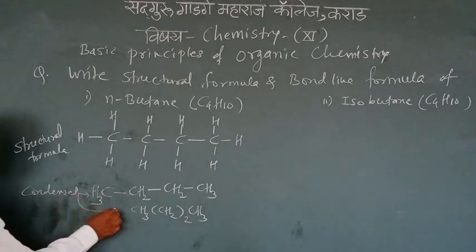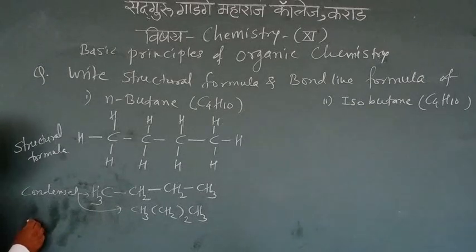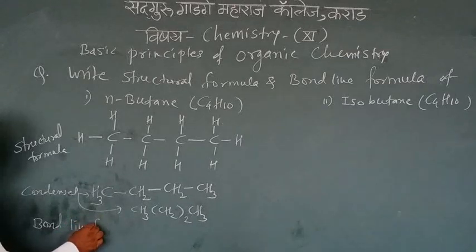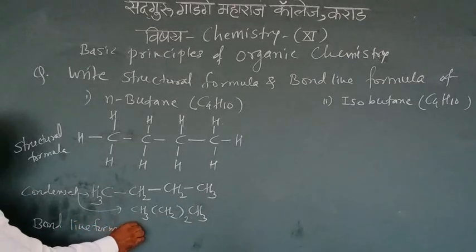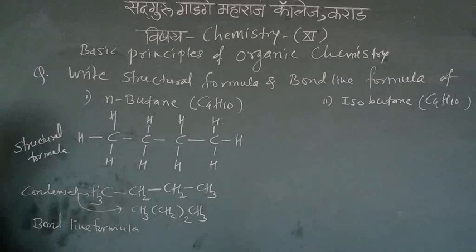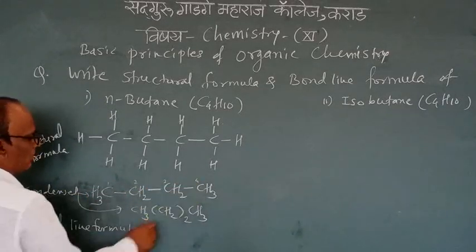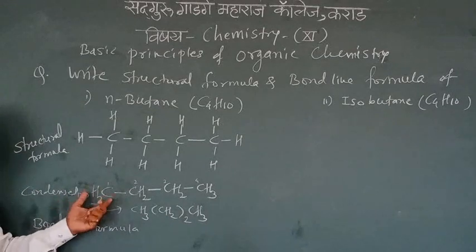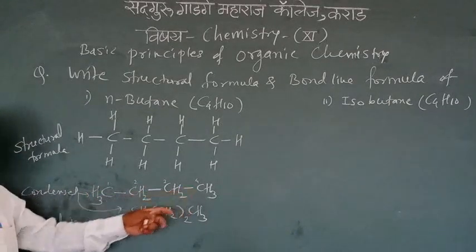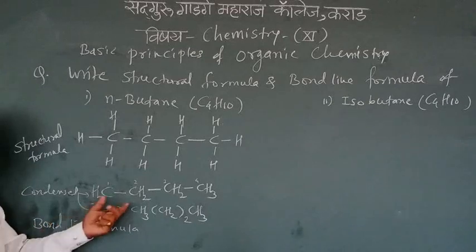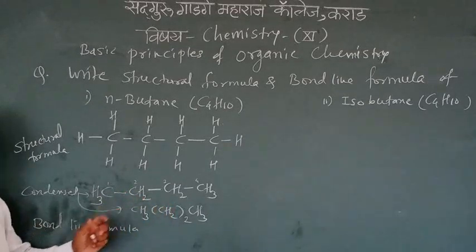So if these are the two condensed formulas, then the last one is the bond line formula. How do we write the bond line formula? We number the carbon atoms 1, 2, 3, 4. At the terminals, carbon number 1 and 4, methyl groups are present, and in the middle CH2 groups are present.